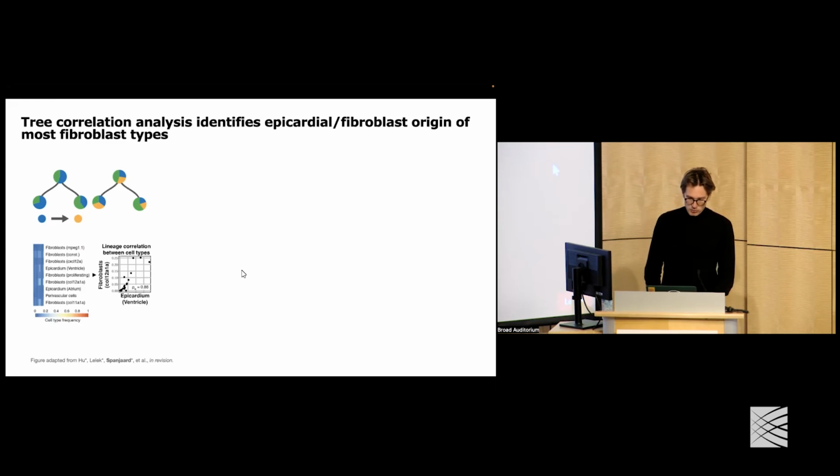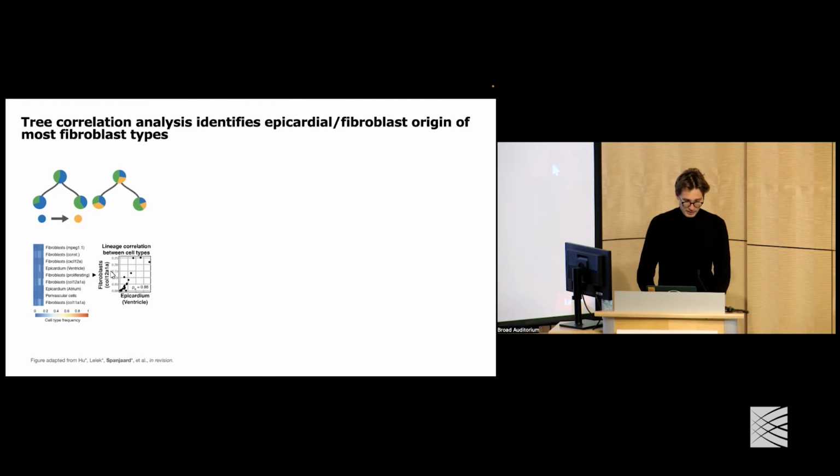So here's an example of what that looks like. That would be just doing this for a few fibroblast populations within one tree. So each row corresponds to one cell type, and columns correspond to different tree nodes. And this heat map is colored according to the abundance of that cell type in that tree node.